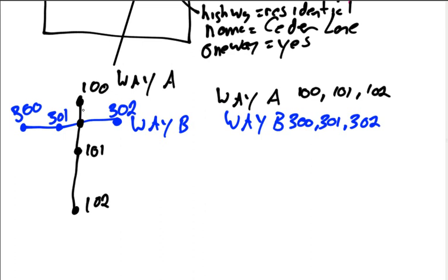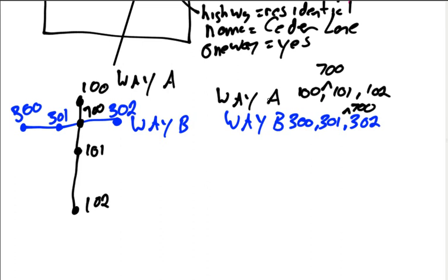So we can call this 700. And now our way A has nodes 100, 700, 101, 102, and this way B contains 300, 301, 700, and 302. So it's because these two ways share this node 700 that the computer knows that it can route traffic between them, that there's an intersection and that the cars can turn on this way.